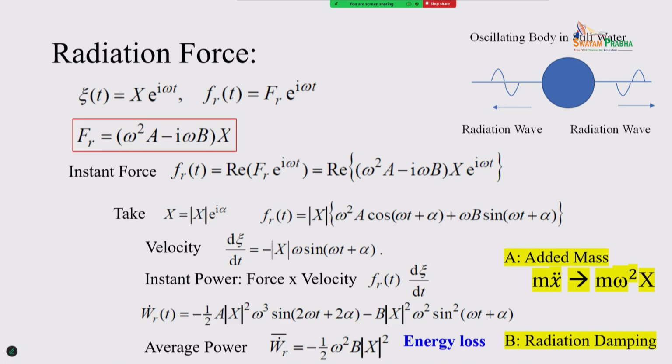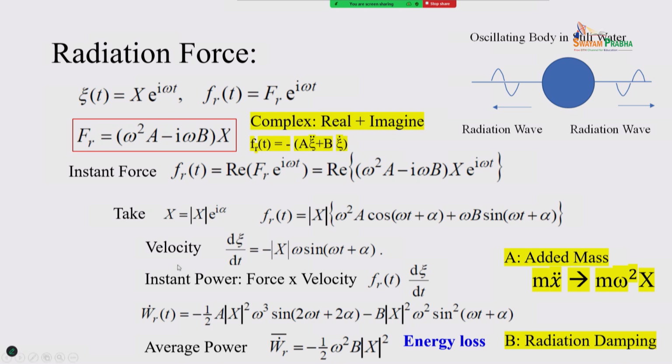Now you understand what effect there is when the buoy moves in still water: two terms. First, added mass: the water surrounding the buoy is moving, so there is an acceleration effect, and that is the mass. Second, energy loss, which we call radiation damping.